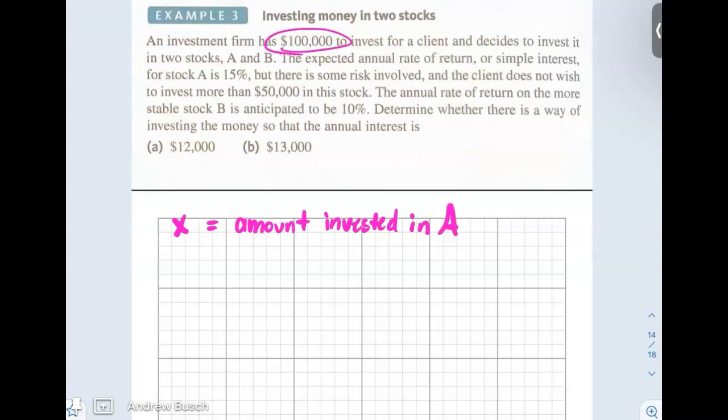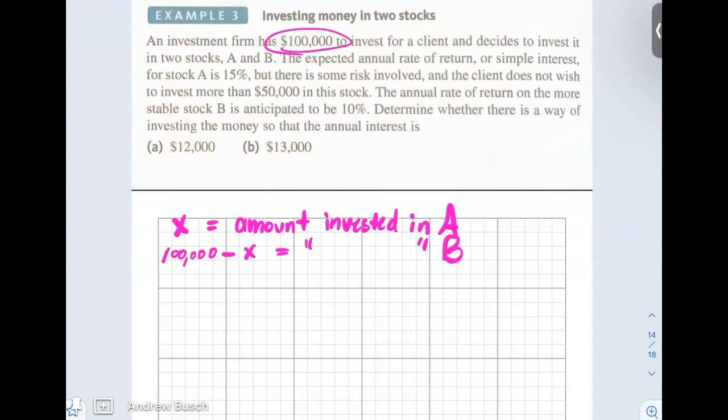So if we are already investing X amount, we only have $100,000 minus that still available to put into stock B. So we're going to say we have $100,000 total, take away what we just invested in A, and that's how much we're going to invest in B. It's the amount invested in B.